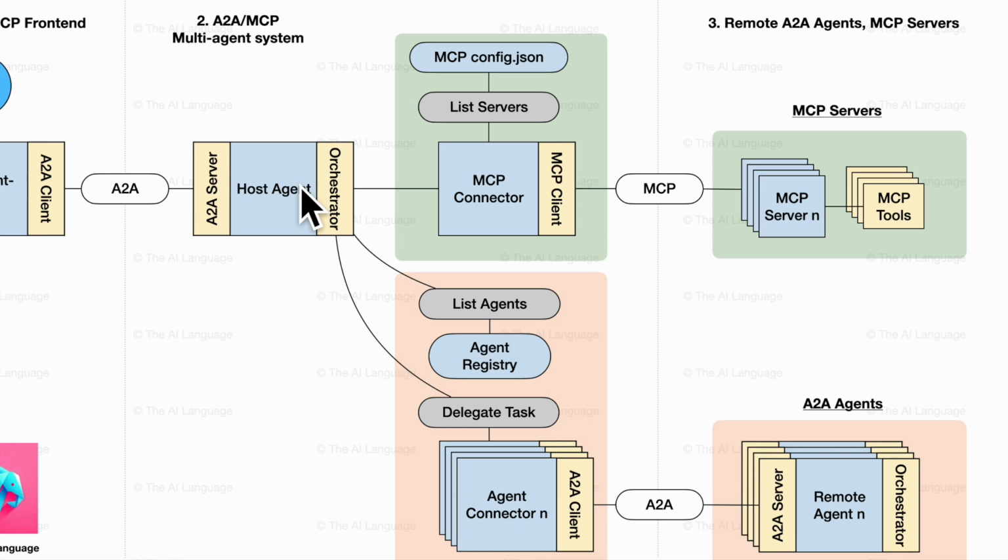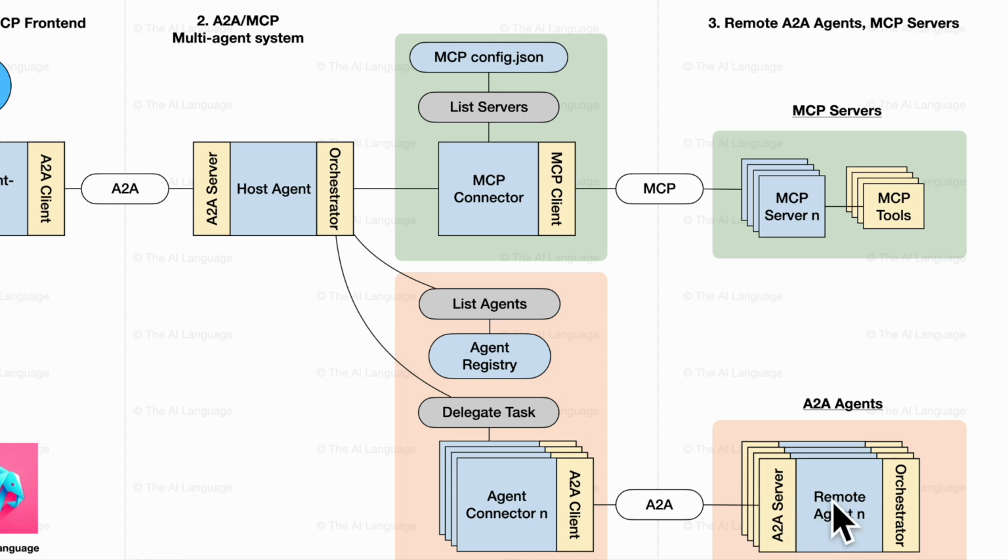So if the task is best handled by another AI agent, like let's say planning a trip, the orchestrator might use those A2A agents and delegate the task to them. Once the task is delegated, an agent connector spins up an A2A client, which can speak through the A2A protocol to the A2A server for that helper agent that the orchestrator wants to use.